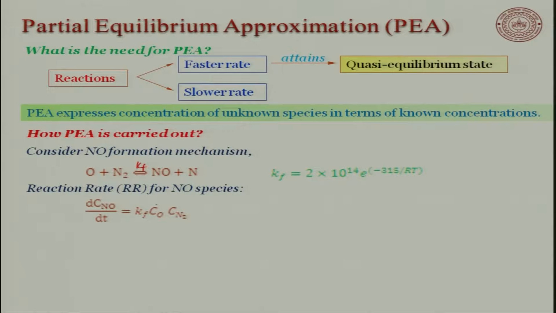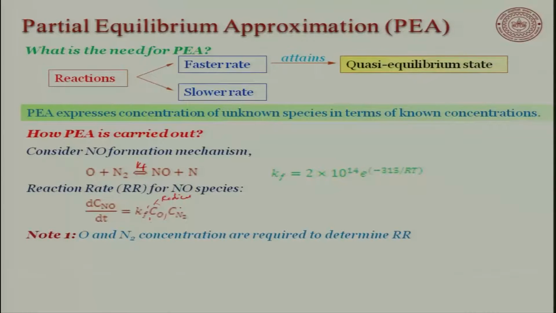Keep in mind that O is a radical, the concentration of O is difficult to measure, and N2 is a stable species, so you can very easily measure it. However, you need both the concentration of O and N2 to determine the reaction rate of the NO.